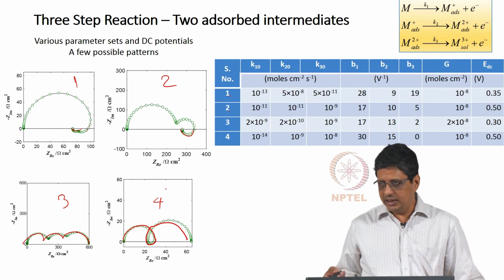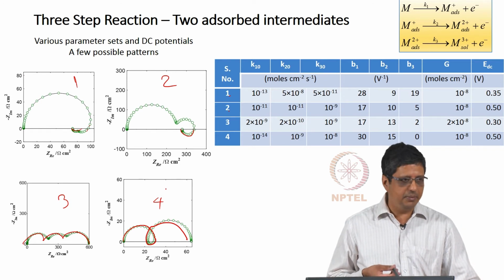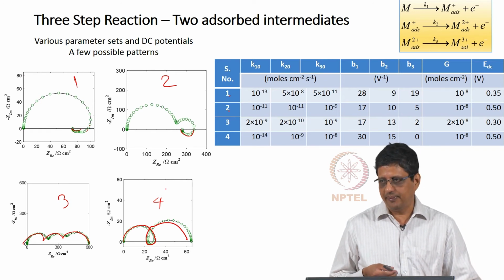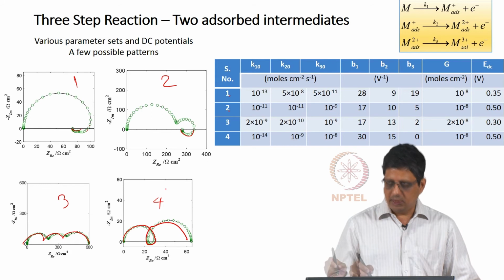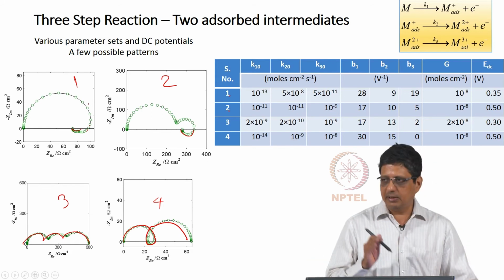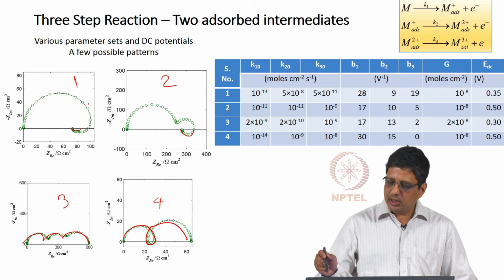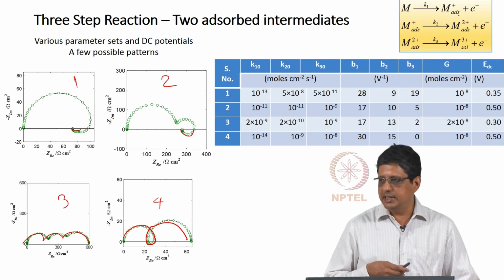Okay. If I change the DC potential here, the spectrum may continue to show the same shape or it may be different. I have not really spent a lot of time, I do not know if it is possible for one set of kinetic parameters with different DC potentials to give all 4 spectra at different potentials, maybe not necessarily for this particular mechanism. If I make some variations to this mechanism and add some more kinetic parameters, it may be easier to do.